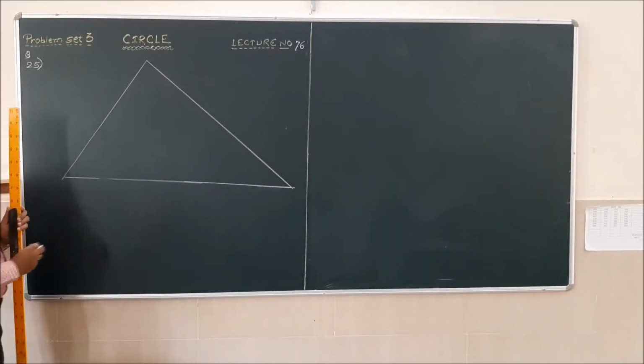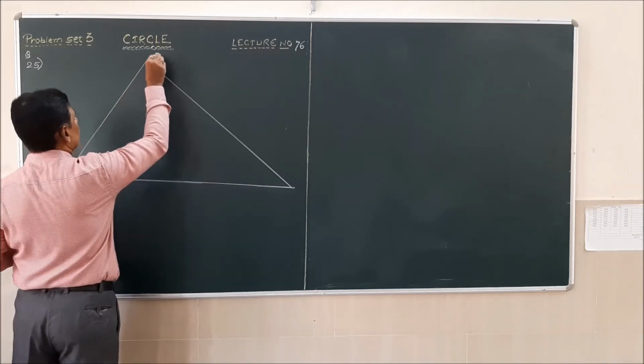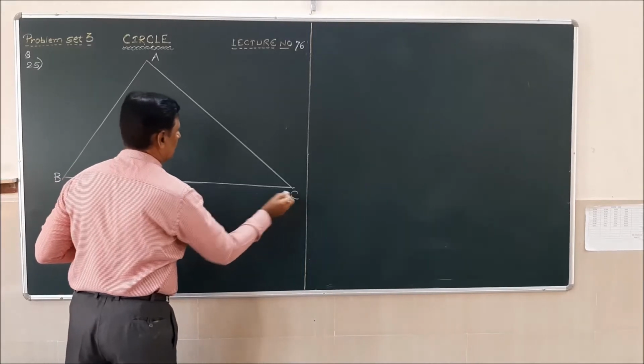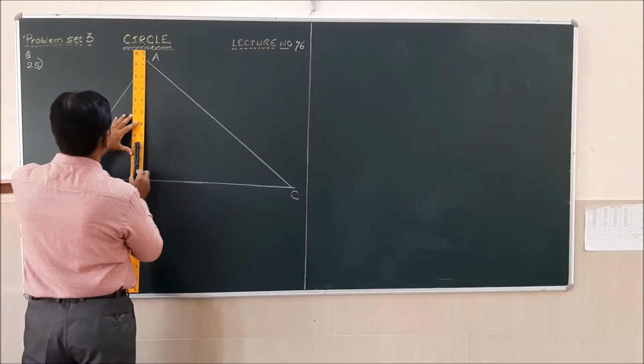Then you will find in this triangle ABC altitudes are drawn.